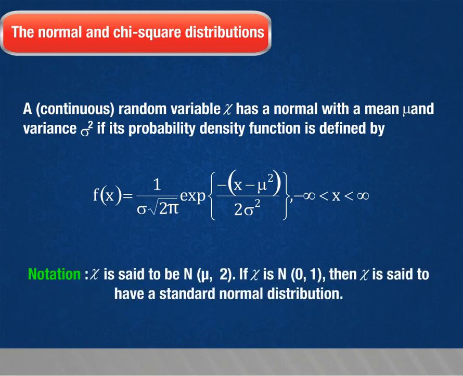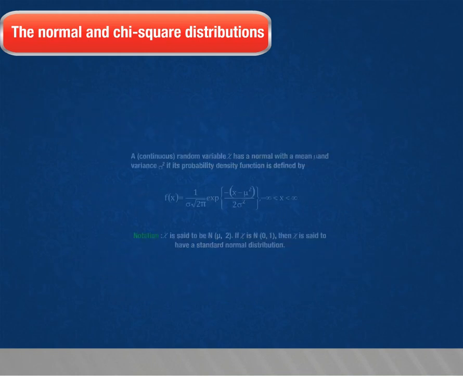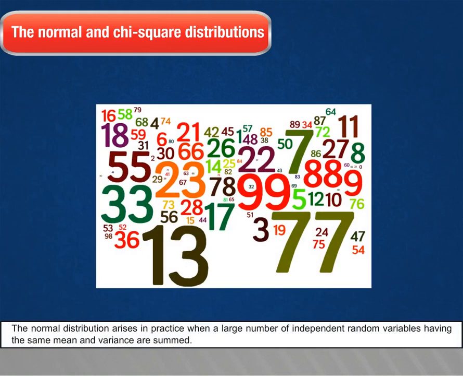Notation: chi is said to be N of mu comma sigma square. If chi is N of 0, 1, then chi is said to have standard normal distribution. The normal distribution arises in practice when a large number of independent random variables having the same mean and variance are summed.